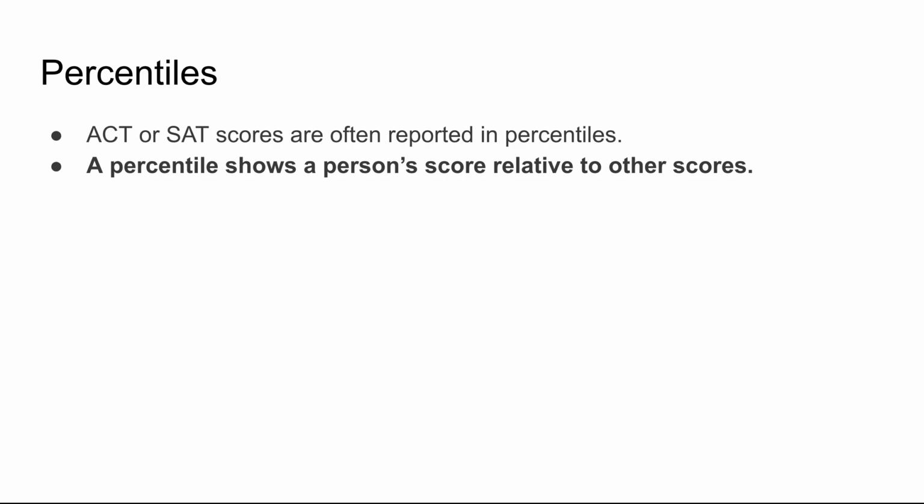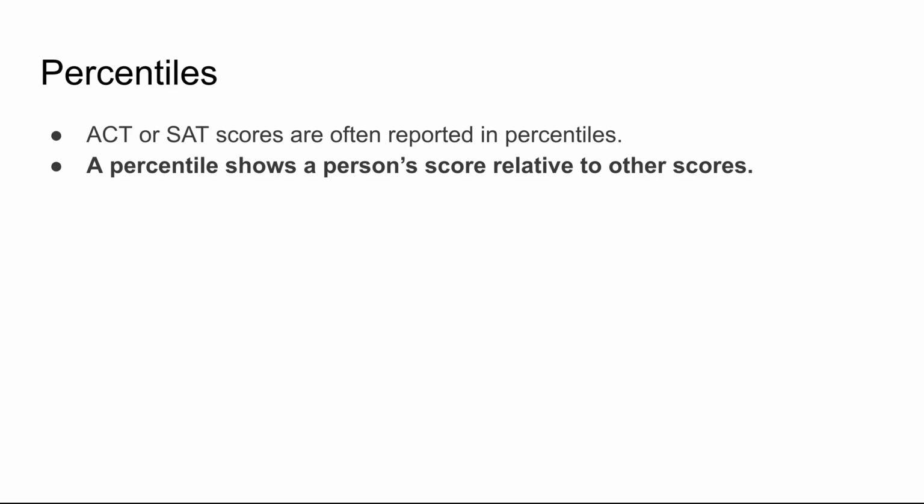All right, let's move to percentiles. So when do we use percentiles a lot? Like standardized test scores on the ACT or SAT. Yeah, we can see the report as a percentile. What does a percentile mean? A percentile shows a person's score relative to other scores.